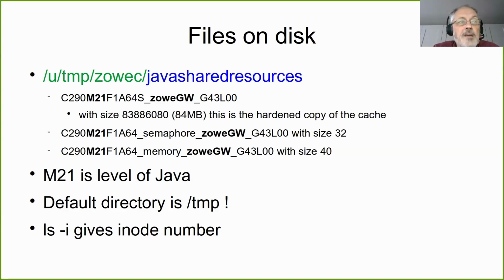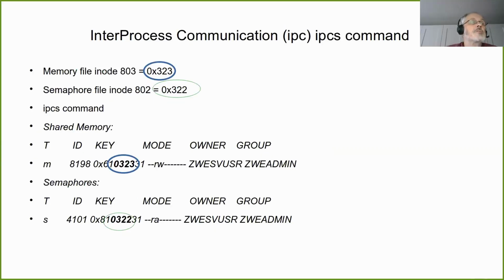The ls -i command gives you the inode number of the files. An inode number is basically a unique identifier for each file in the file system. And for example, my memory file has an inode of 803, which in hex is 0x323. Then if you display the shared memory using the IPCS command, you can see that name is actually in the key. So every shared memory segment in MVS has a key.